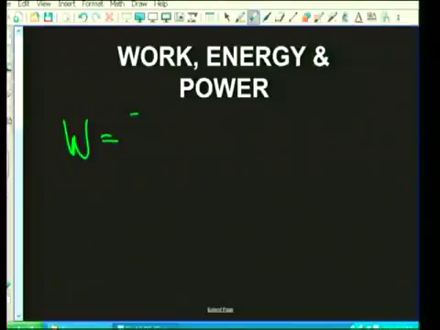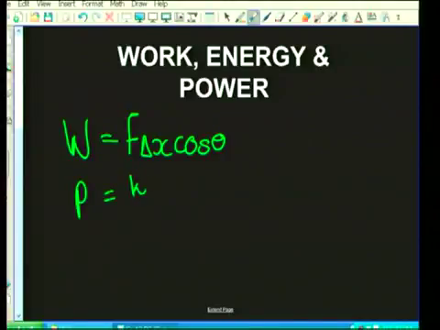So remember, work and energy are pretty much interchangeable. Work is defined as a force times a distance times cos theta. Remember, the angle that the force acts on is very important. Energy is defined as the ability to do work, and then of course power is the rate at which work is done.